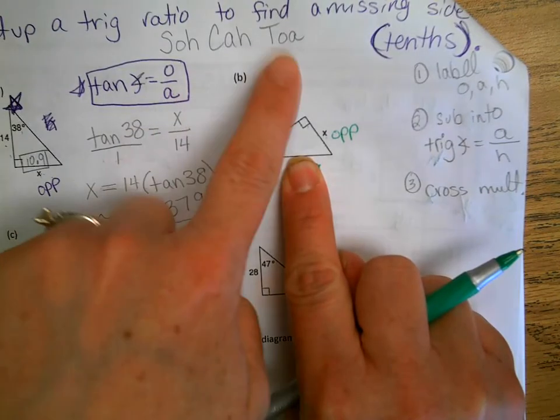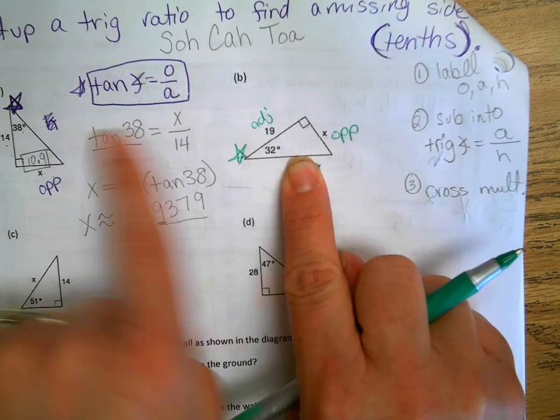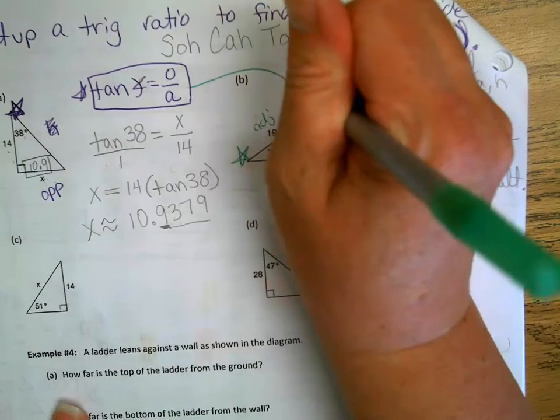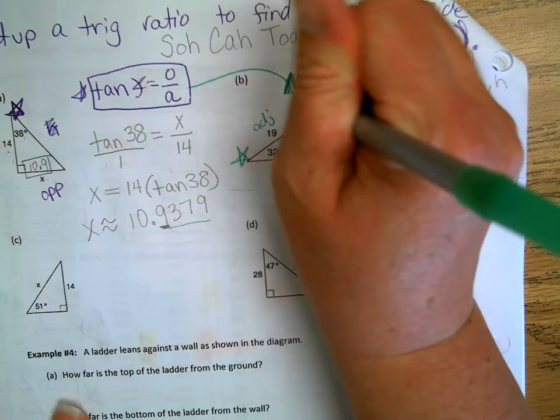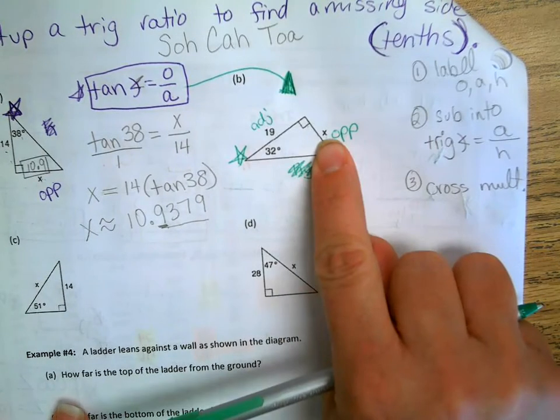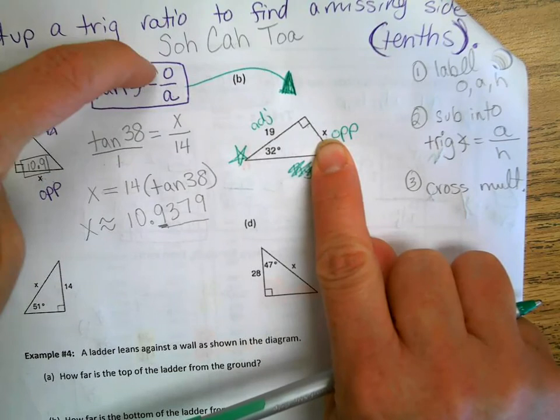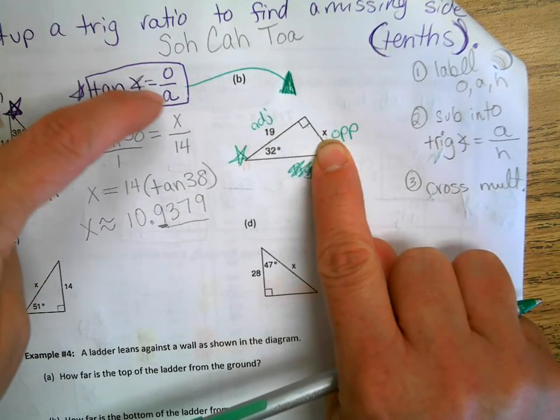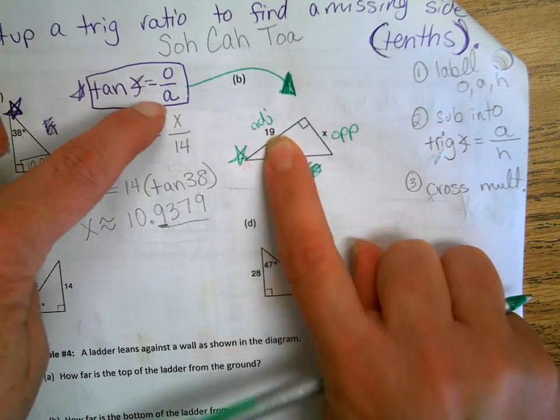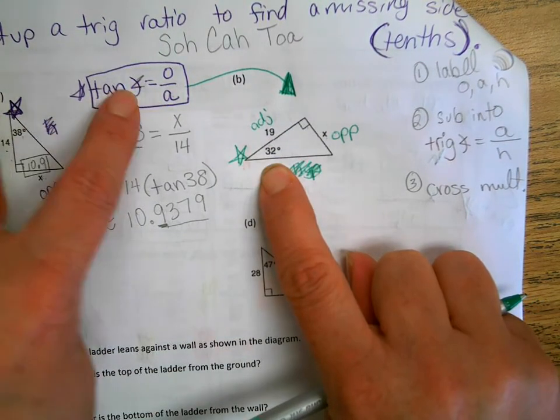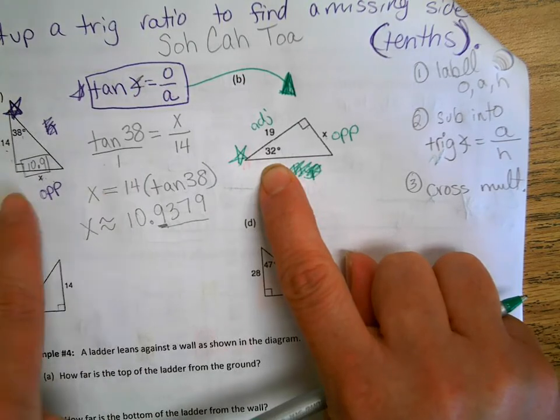So we decide which trig function to use. We're going to use tangent again, because we have the opposite measurement is an x value, would go in for the O, and the adjacent is 19, and our angle measure this time is 32 instead of 38 like the first question.